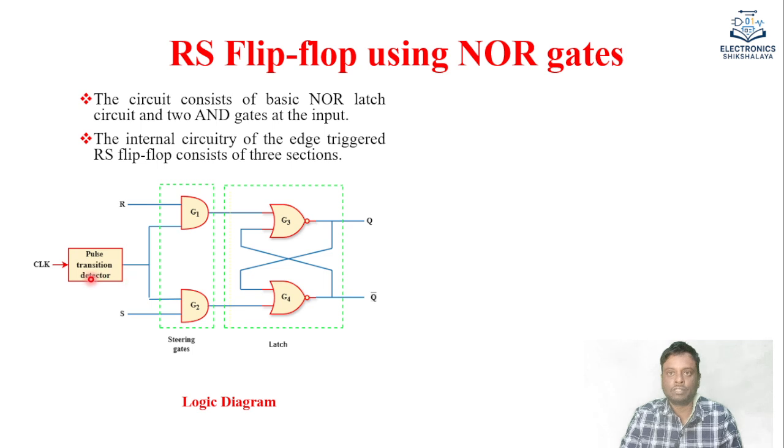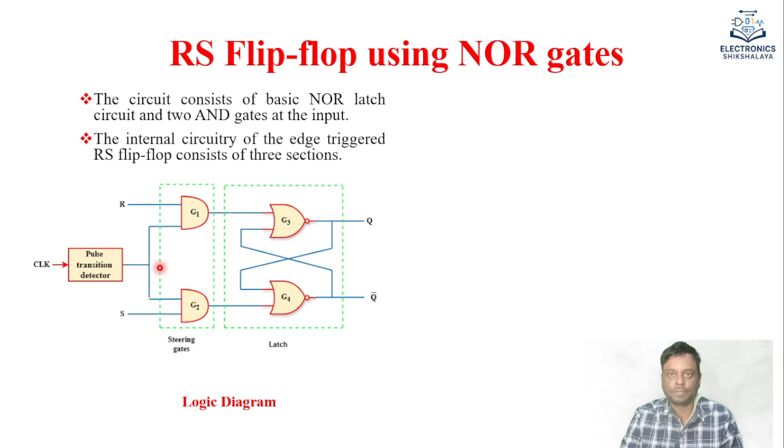Similarly, we have a pulse transition detector, and the clock is passed through it. Then we have the steering gates and the latches. So there are three sections in any flip-flop. One is the pulse transition detector, also called the edge detector, which detects the edge.